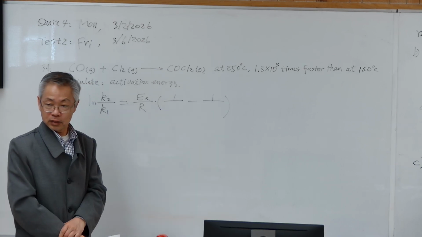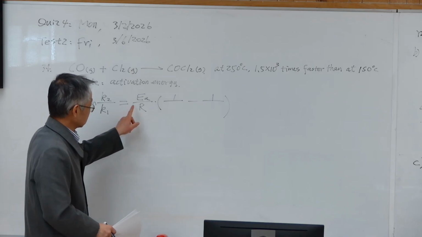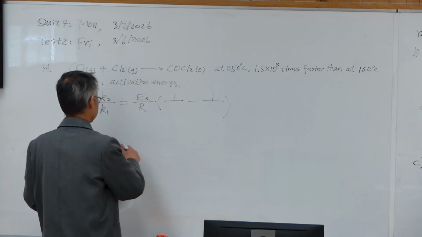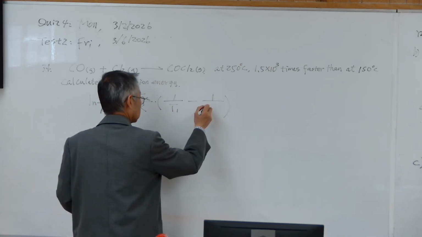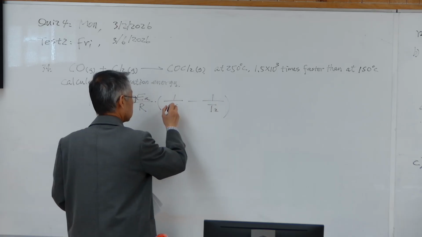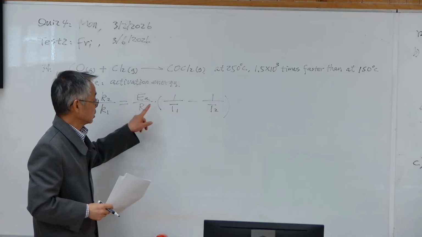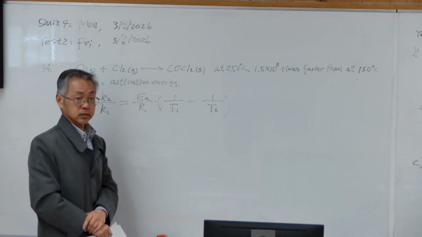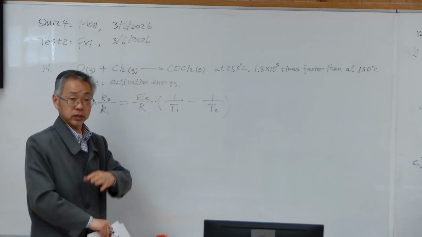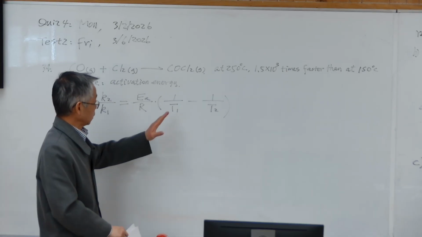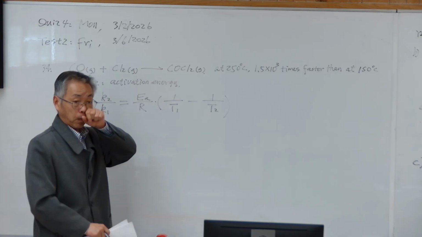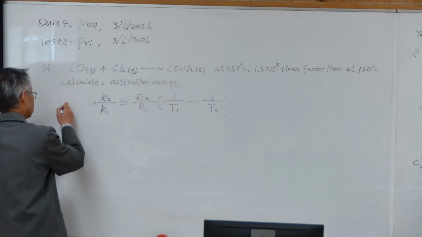You need to be careful. Without the negative sign, T1 first, T2 next. If you prefer to use the negative sign, then T2 first, T1 next. I prefer this, either way. Just be careful of their order.